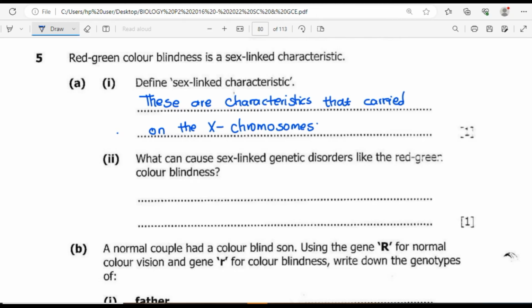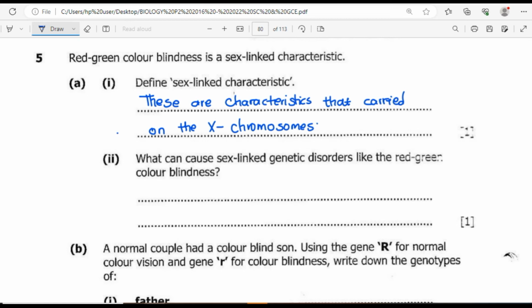Now the causes of red-green color blindness: they can be caused by genetics. We know that it's genetics, but what are those?